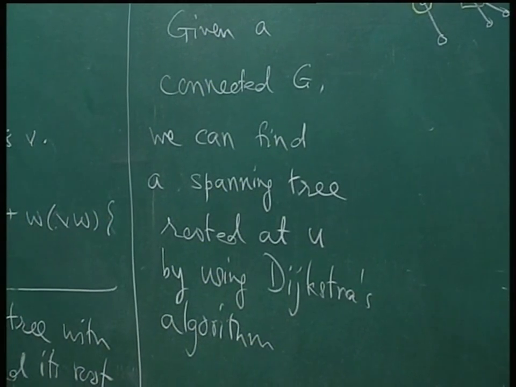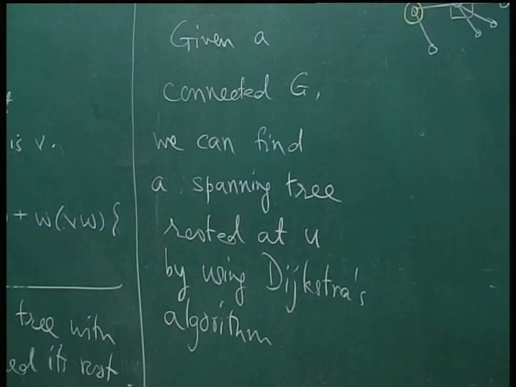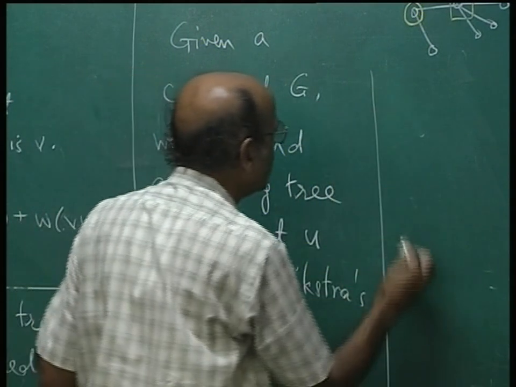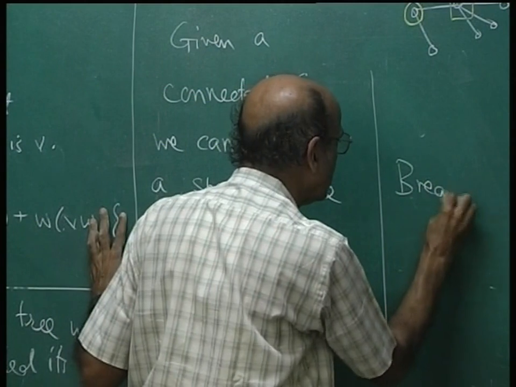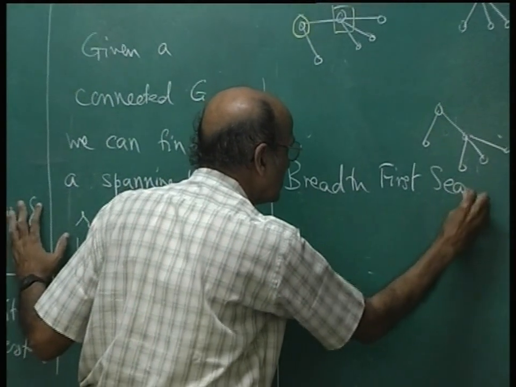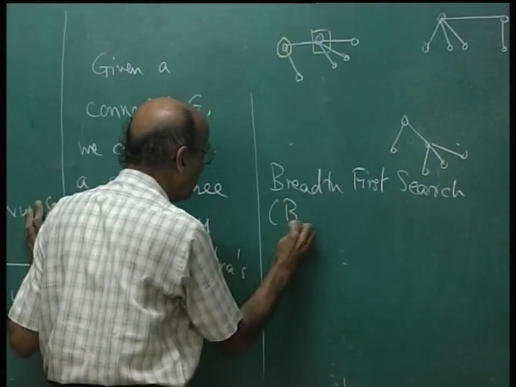The point is you really don't need Dijkstra algorithm, which is a high powered thing, to find a spanning tree rooted at U. A special situation of Dijkstra algorithm is what is called the breadth first search tree, BFS.